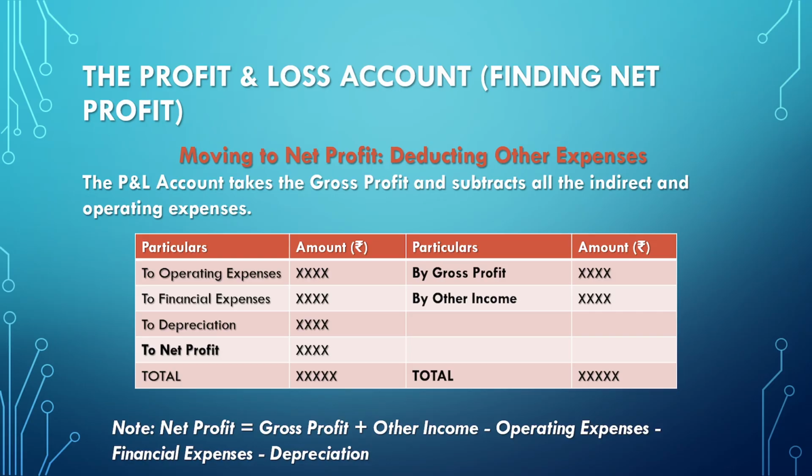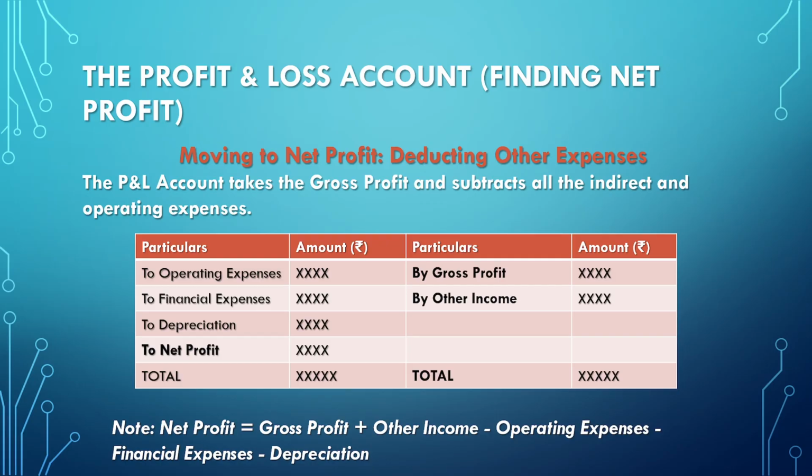On the credit side, after gross profit, we also add any other income we had, indirect income, which is not related to your trading or manufacturing. For example, say you have a piece of land in the factory area and you have given it on rent.